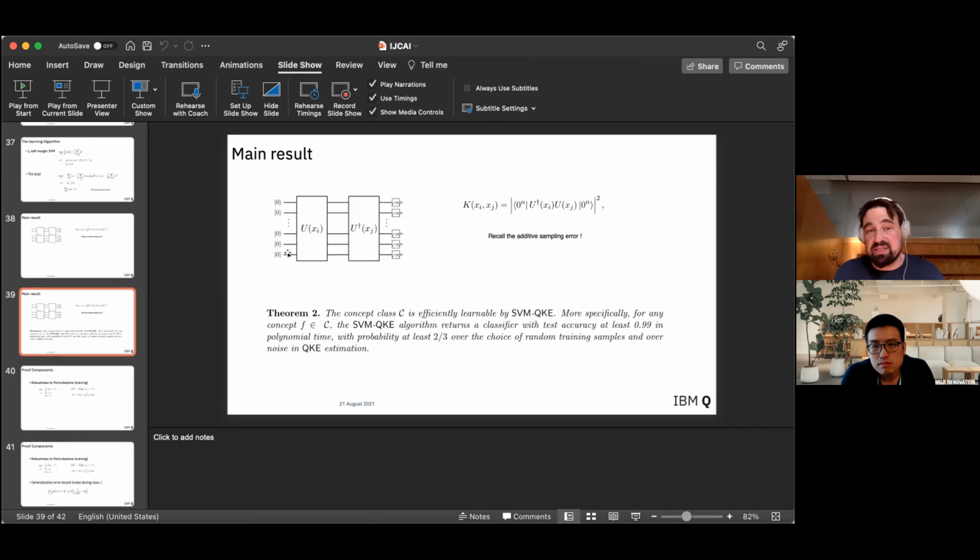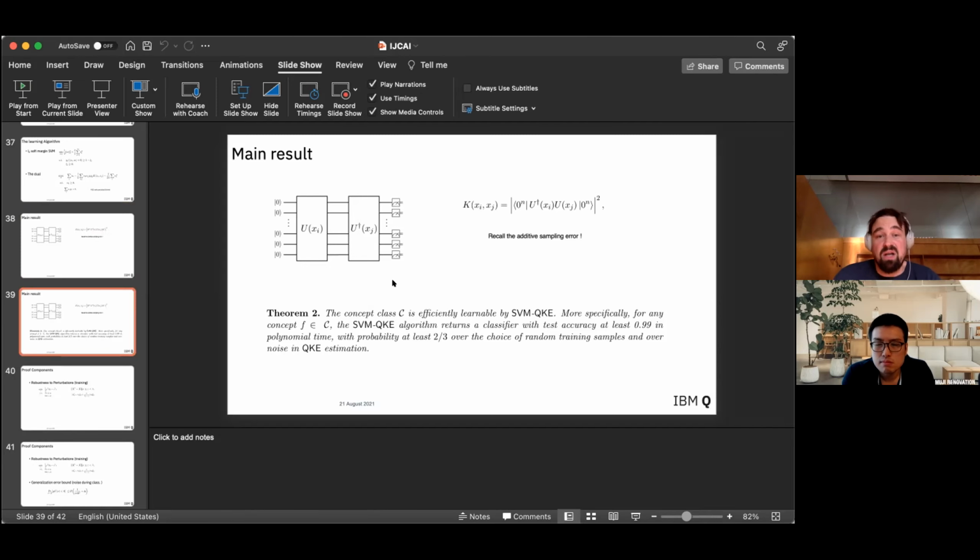That's how you estimate that kernel function on a quantum computer. In the case where xi and xj end up being the same datum, you haven't done anything, so the diagonal of the kernel is always 1. But if they start differing a bit, that transition amplitude dies down.